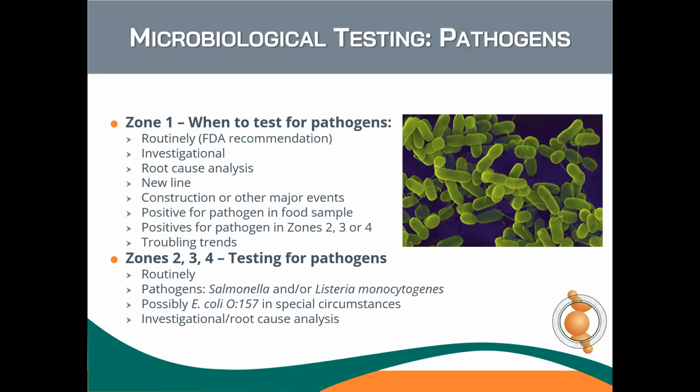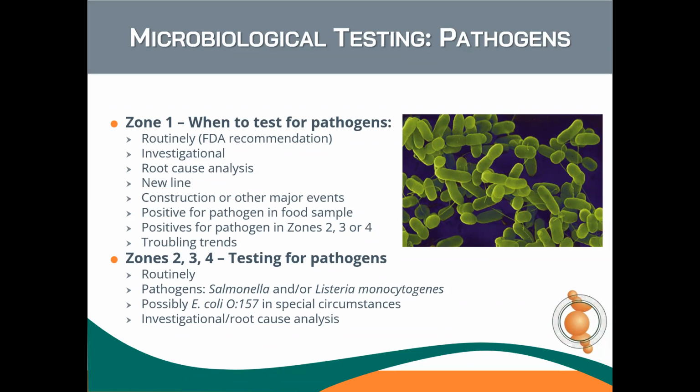A few other important times to test zone 1 for pathogens are whenever we have a new line, whenever construction or other major events are happening in our facility, whenever, of course, we find a positive for a pathogen in an actual food sample, and whenever we find positives for pathogens in zone 2, 3, or 4, back to what I was mentioning with the investigational purposes.